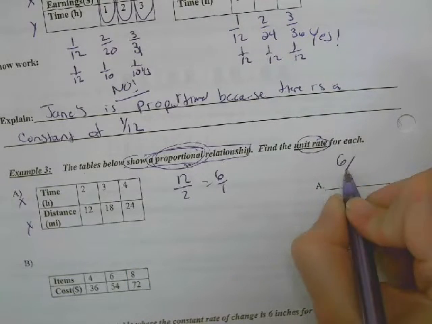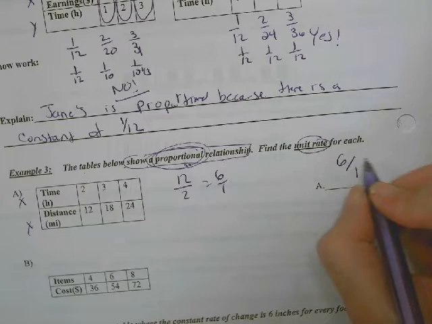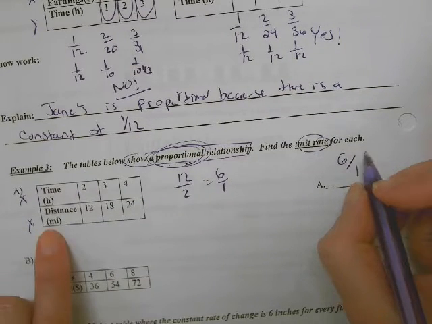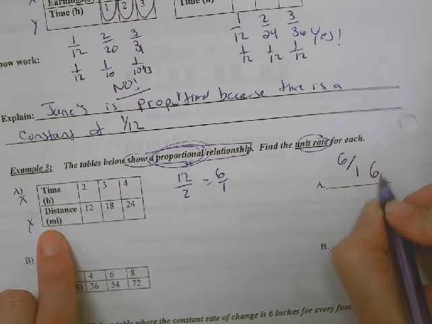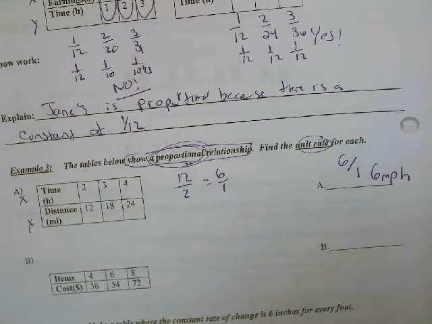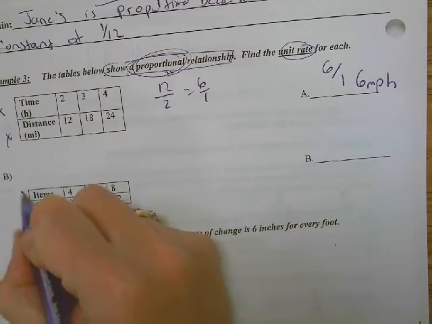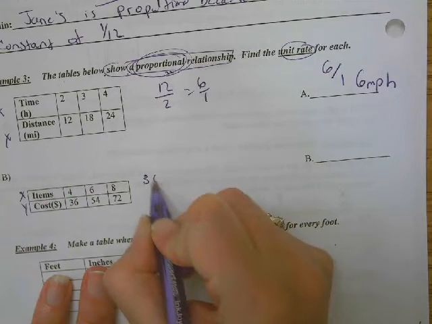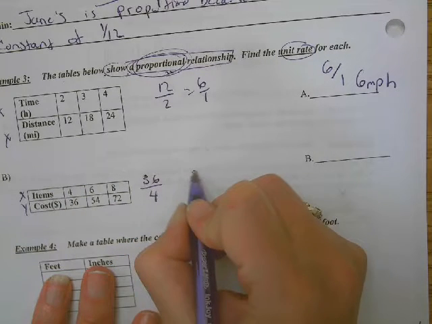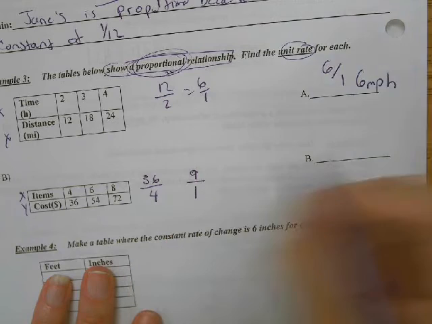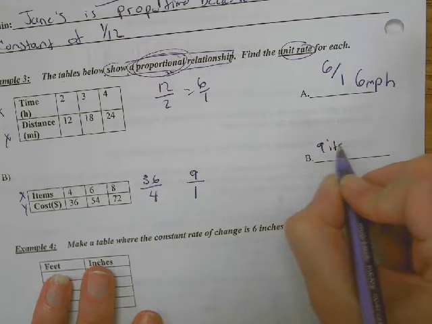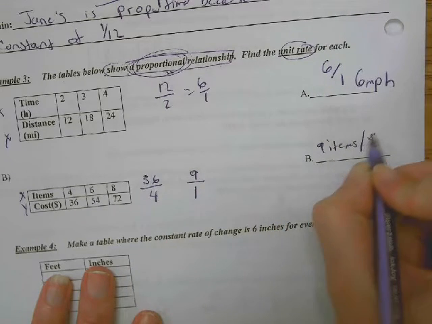So the unit rate is 6 to 1, or 6 miles per hour. Okay, over here, this is x, this is y. They're proportional, so 36 over 4 is 9 to 1. So 9 items per dollar.